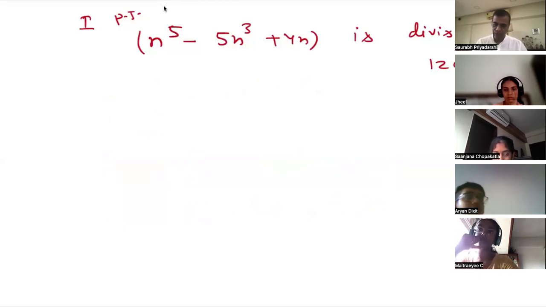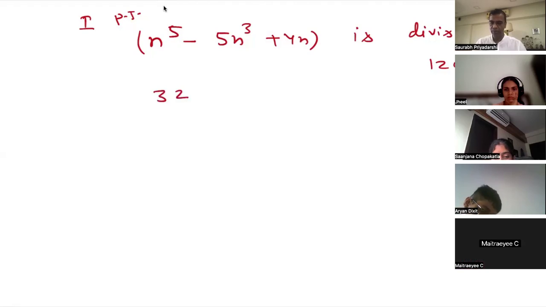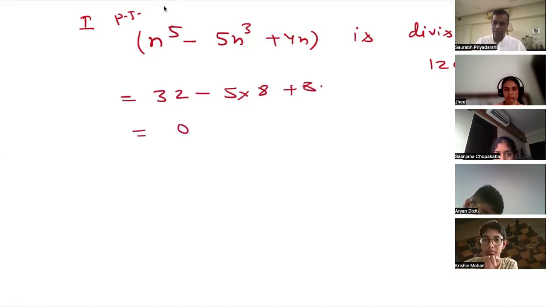For a few integers, for 1, this will be 0, obviously. For 2, this will be 32 minus 5 into 8 plus 8. So can you see, this is coming as 0, so this is divisible.